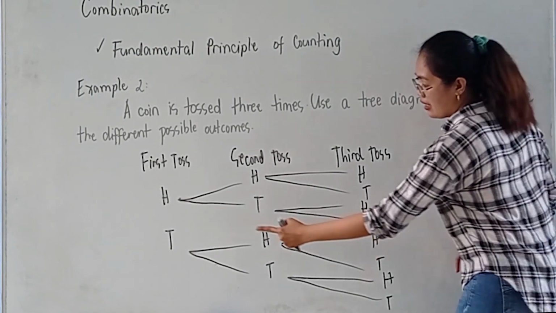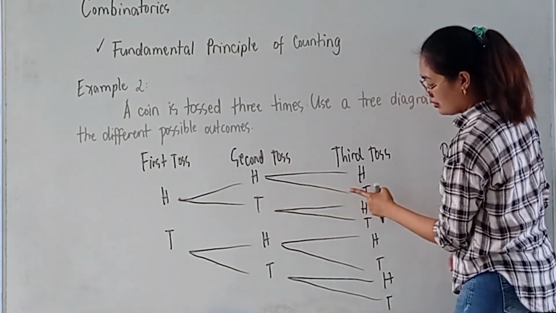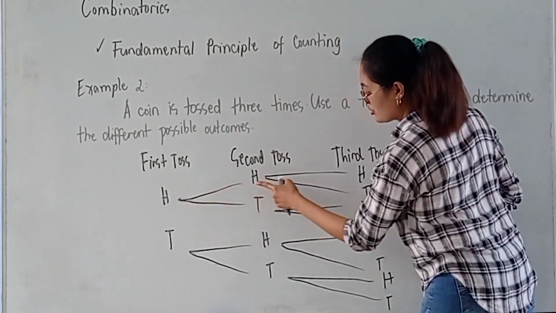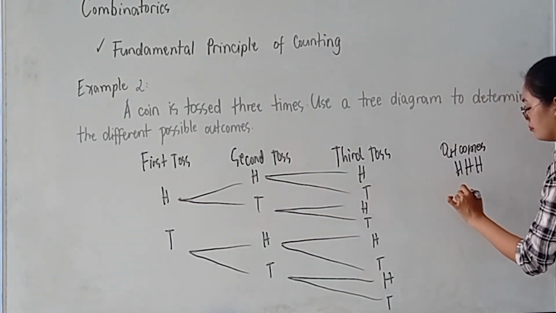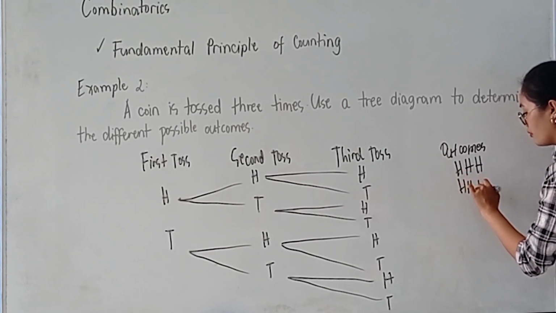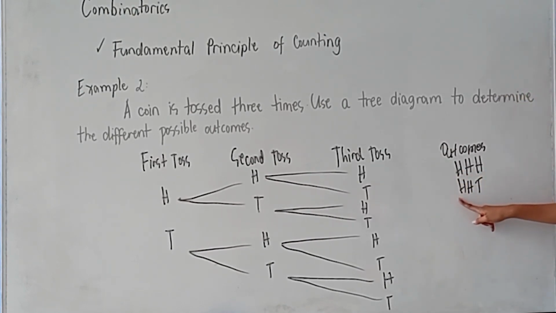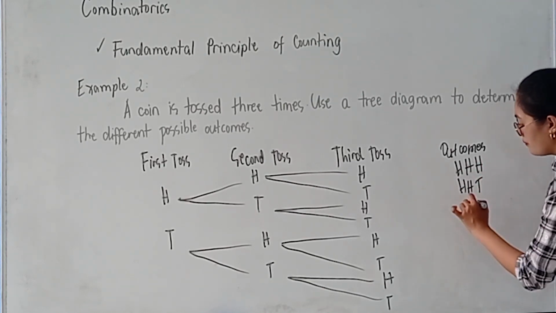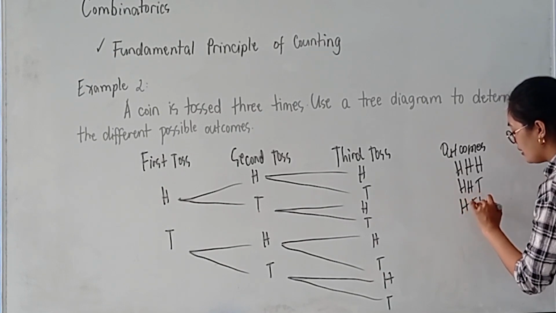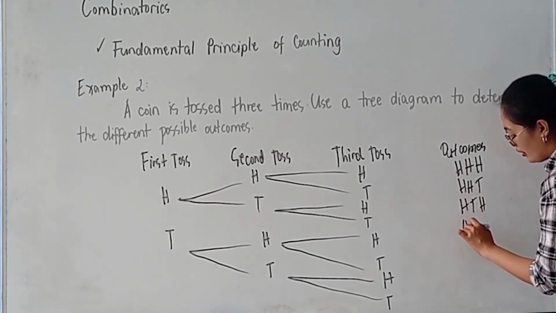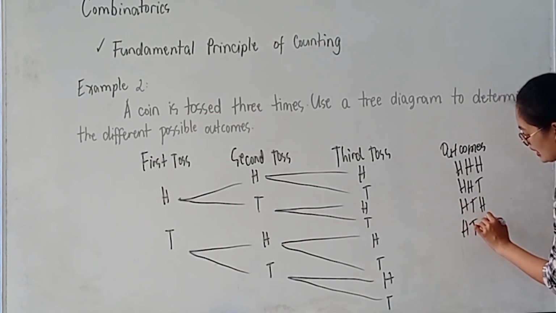Then next we have H, H, T, meaning head for the first toss, head for the second toss, and tail for the third toss. Then we have H, T, H, and H, T, T.